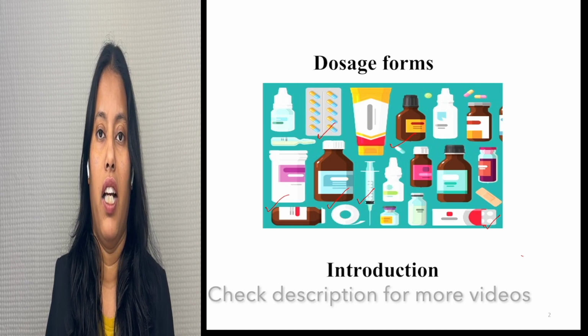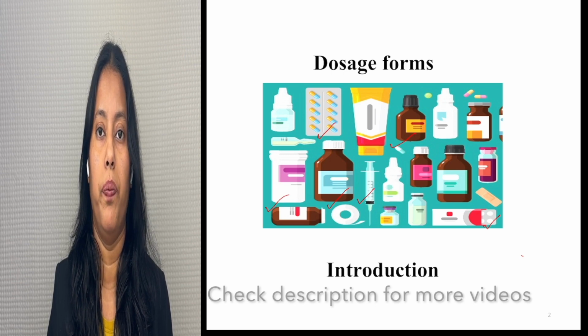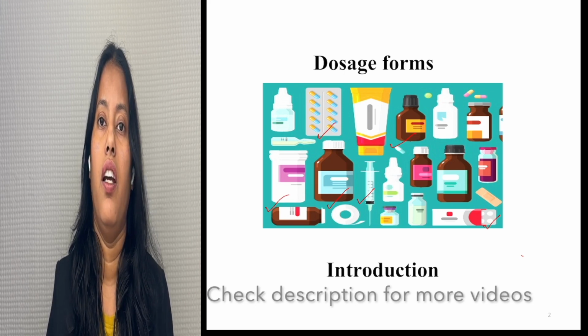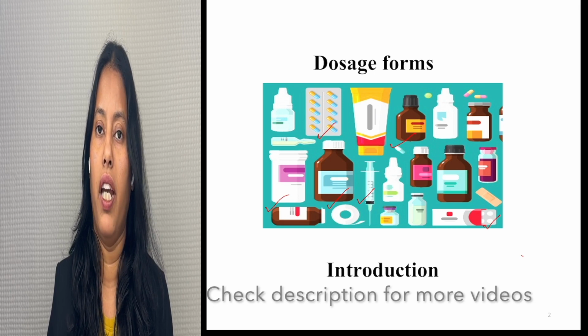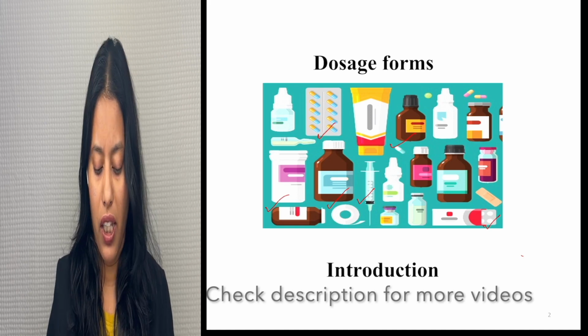When your health condition is very severe, like a high fever, you switch to injections for early recovery. So these are the various dosage forms through which you take the drug, and we are going to see these different forms.